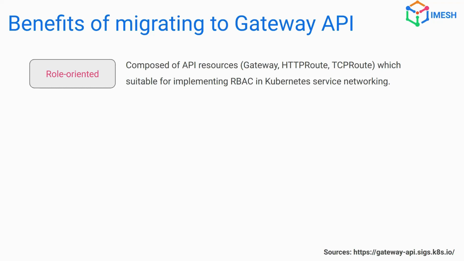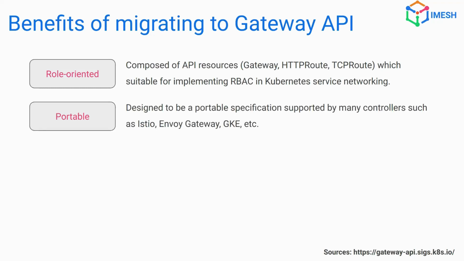It is also very much suitable for RBAC. With RBAC policies also you can use this, but even without RBAC, it is providing a lot of features, a lot of namespace level controls and all those things which you can use. It is portable.